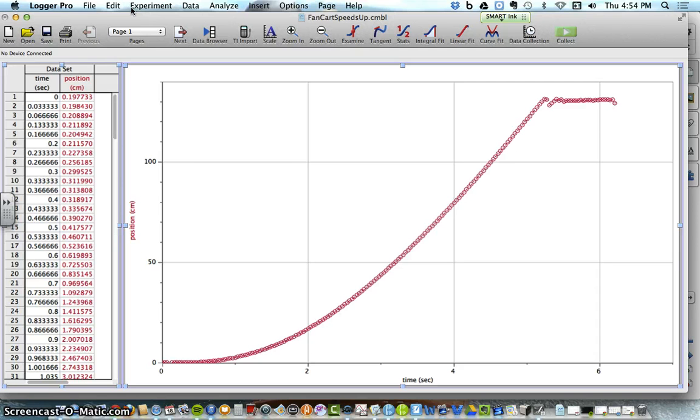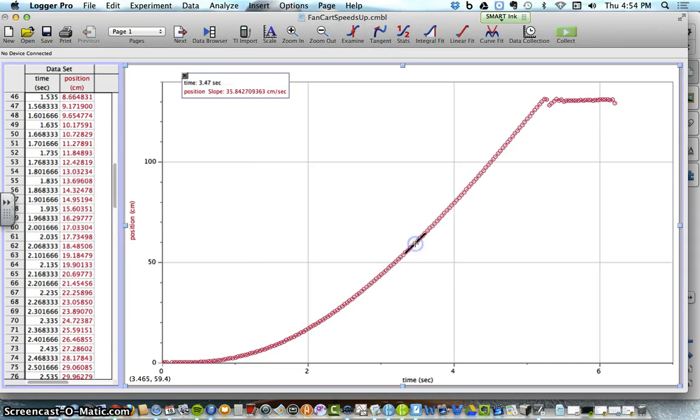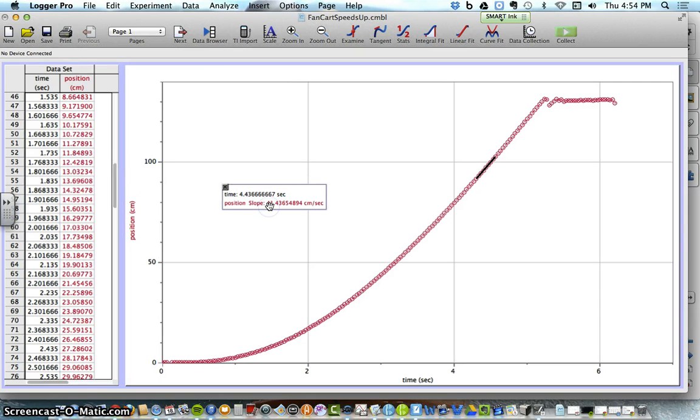You'll notice the slope is gradually getting steeper. What does this mean? As this little tangent line, this black line you see, gets steeper, it represents our increasing velocity.